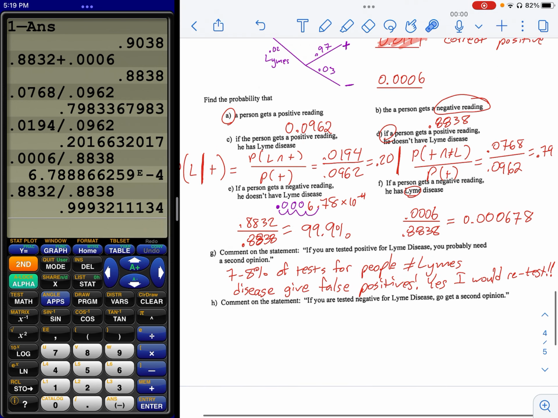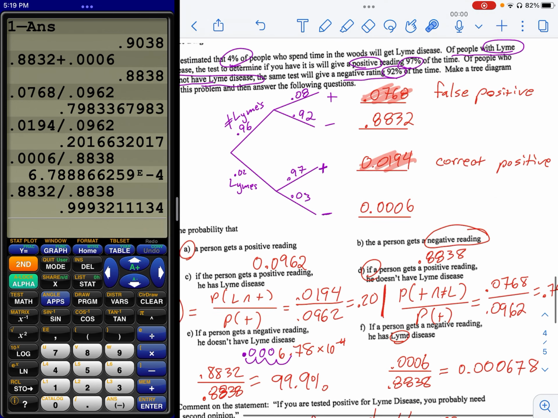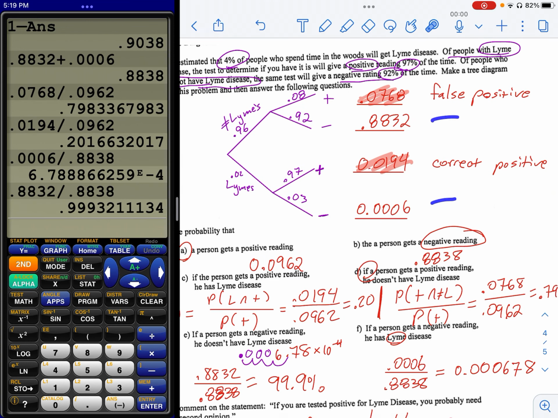Then the last one, if you tested negative for Lyme's disease, go get a second opinion. So that would be these two. So if you have Lyme's, but it gives you a negative test, that's called a false negative. It tells you you're negative, but you actually have it. This would be the problem, right?